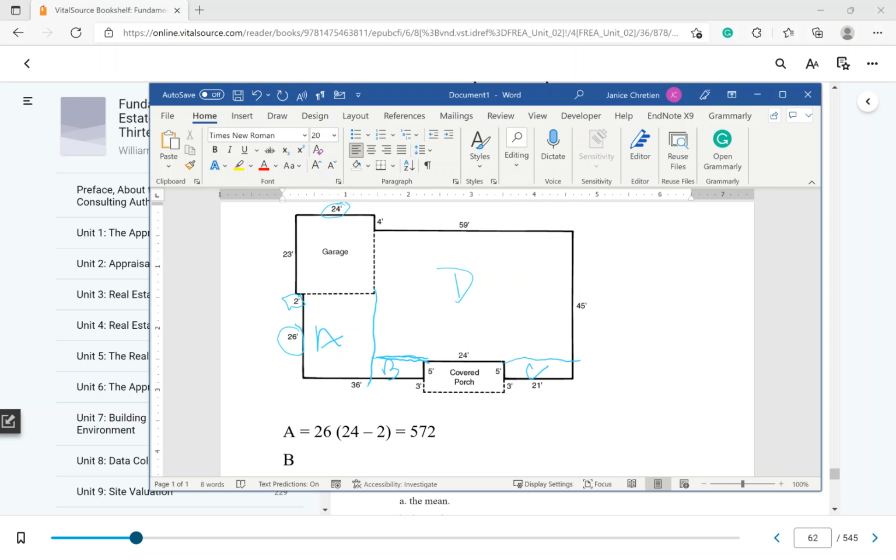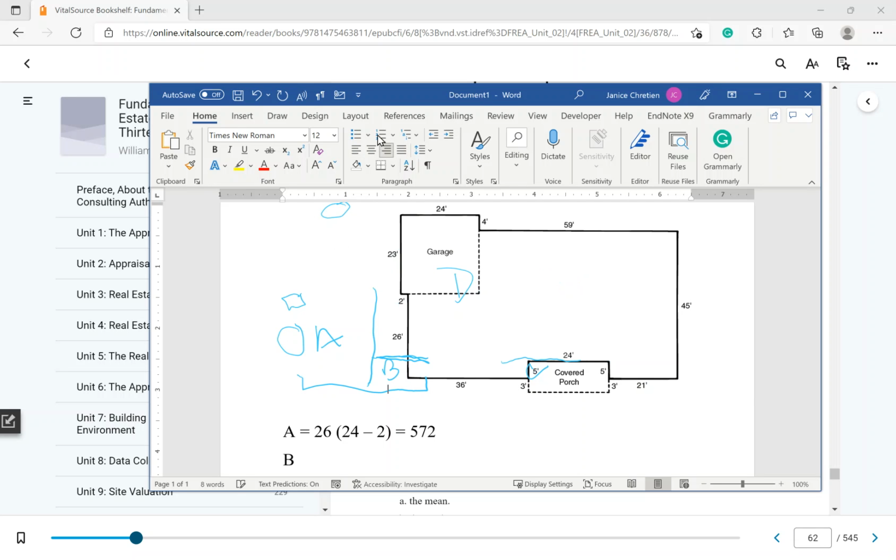Area B, which is this area right here, is going to be 36 across. Actually not all of it. We've just got from here to here is 36 feet. Over here it's 21.